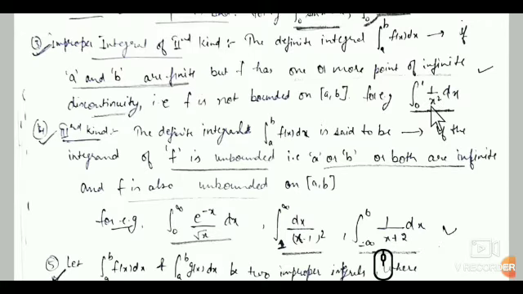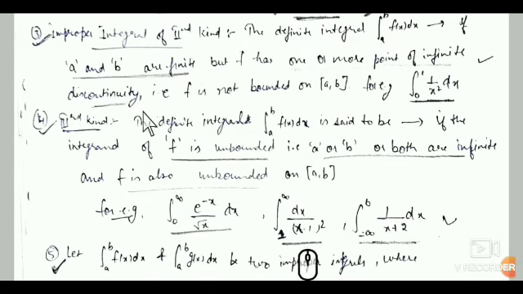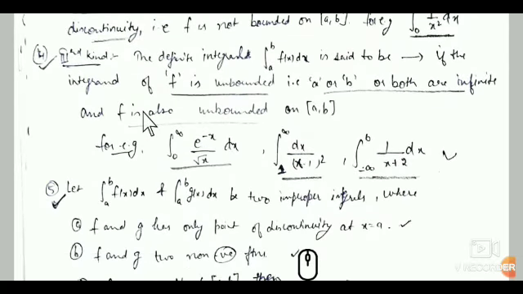Here 0 is the discontinuity point of this function, so it is of the second kind. Now the third kind is when the interval is unbounded, that is, a or b or both are infinite, and the function is also unbounded, meaning it is a mixture of the first kind and second kind.